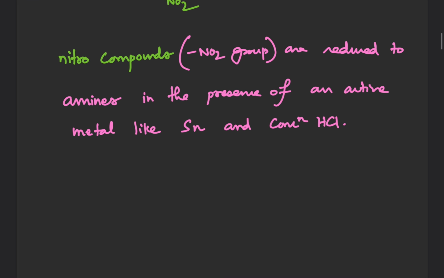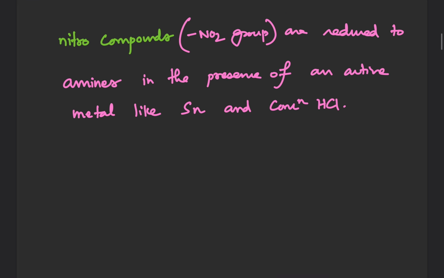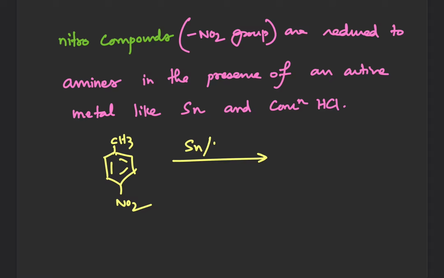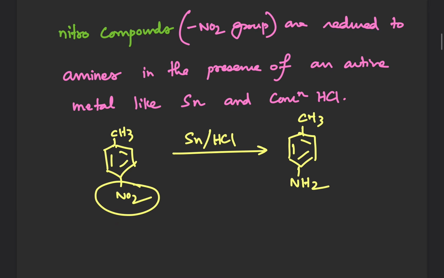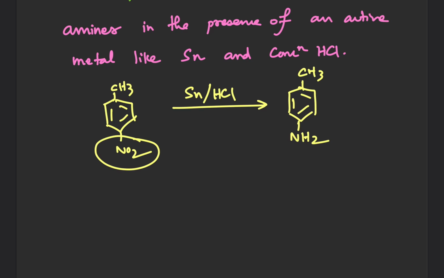Okay, so para-nitrotoluene upon reduction with Sn/HCl will give, that is with respect to the reaction, this is my para-nitrotoluene, and in the presence of Sn/HCl, this NO2 will be converted into NH2. So I will get CH3 and NH2. Okay, so the name of this compound is p-toluidine or para-toluidine. It is also known as 4-methyl aniline.